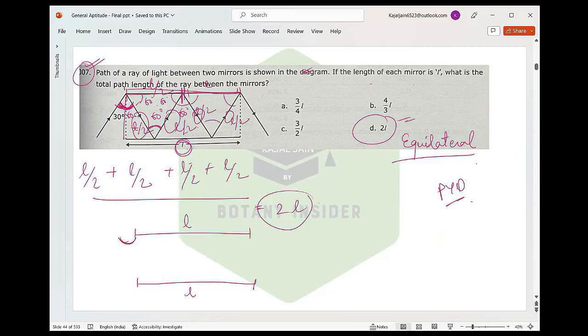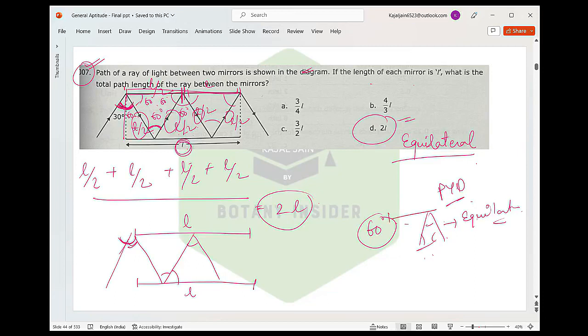If this is 30, this will also be 30 because it will be reflecting at the same angle. So all of the angles will become 60. And if a triangle has all the angles equal, it is known as an equilateral triangle. If the angles are equal, the sides will also be equal.